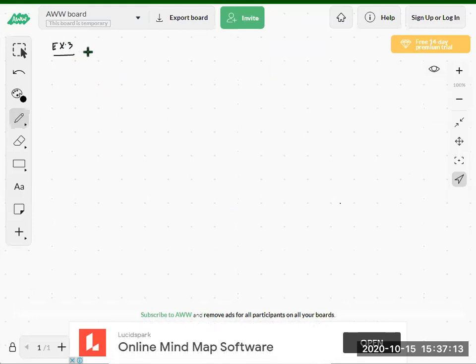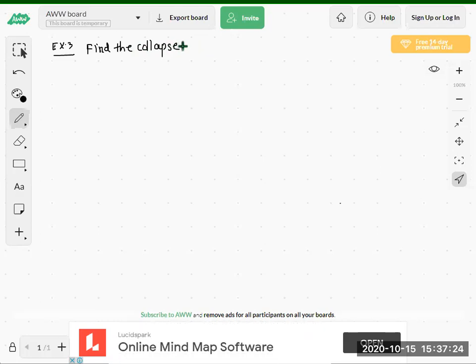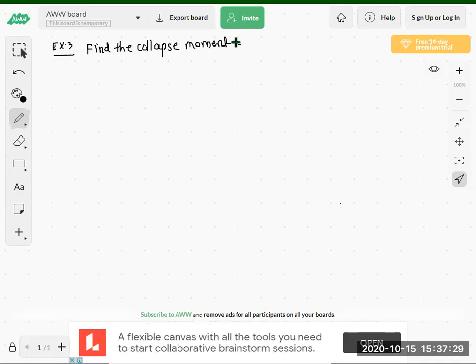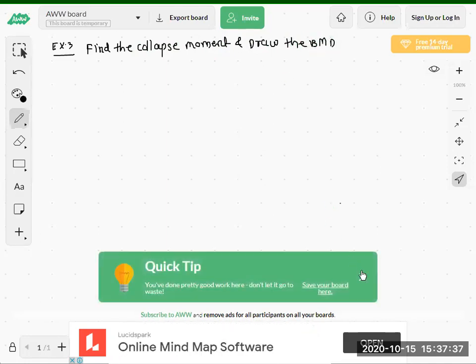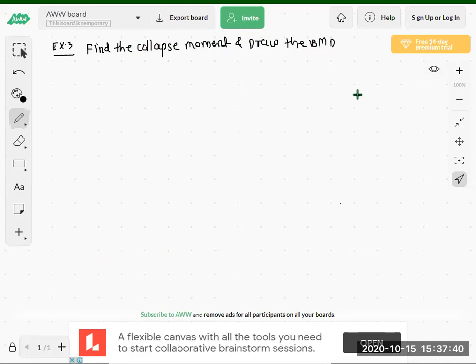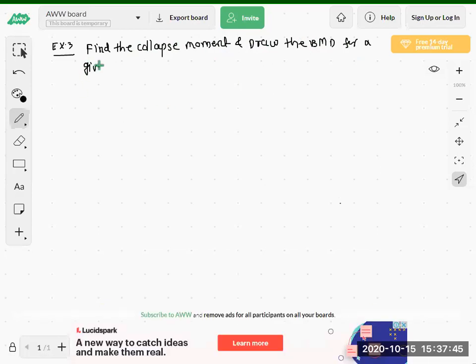Find the collapse moment and draw the BMD for a given beam.